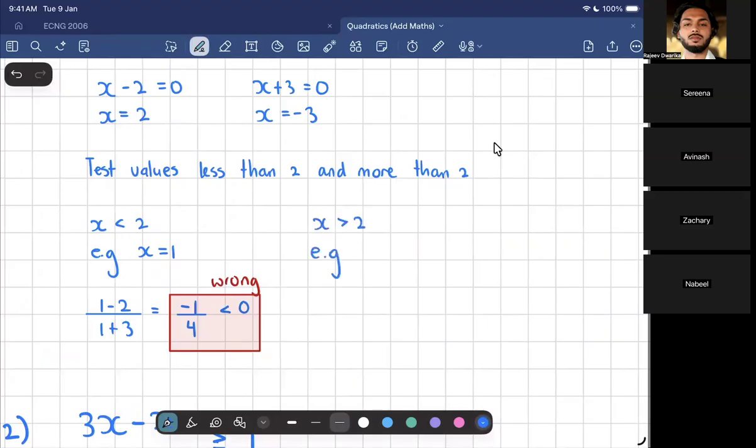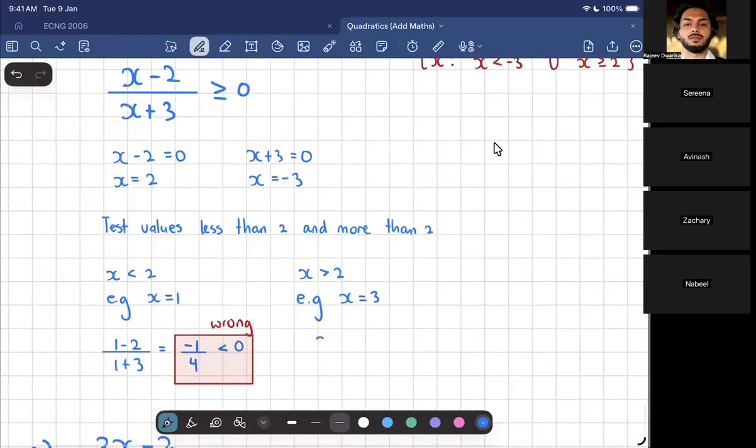Give me a value that is more than 2. 3. So if you plug that in, that would be 3 minus 2 all over 3 plus 3, right? What is 3 minus 2? 1. And 3 plus 3 is 6. Yep. Is 1 over 6 more than 0 or less than 0? More than 0.